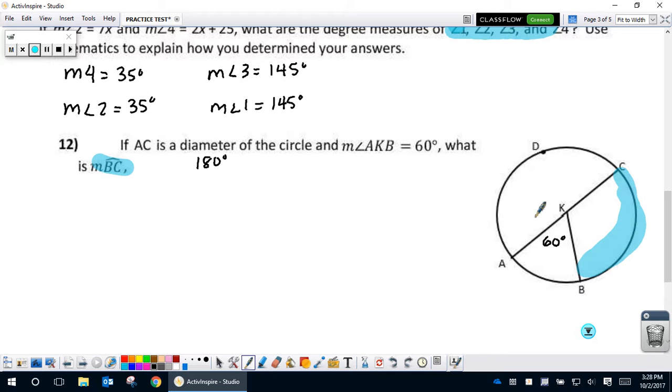Hopefully you recognize that this is a straight line, so this angle right here has to be 180 minus 60, which is 120. So if the angle is 120, since it's a central angle, the arc is 120. So the measure of arc BC has to be 120 degrees. Okay?